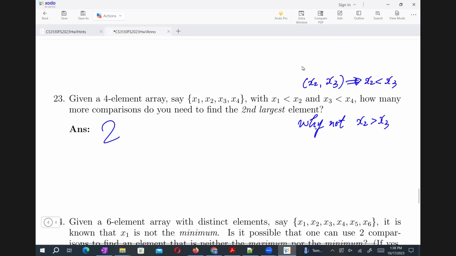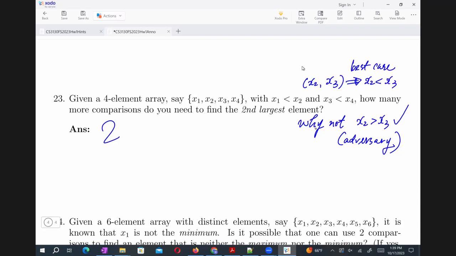By adversary argument, you should get this case, right? You should get X2 greater than X3, not less than X3. Less than X3, you get the best case. But we want the worst case.